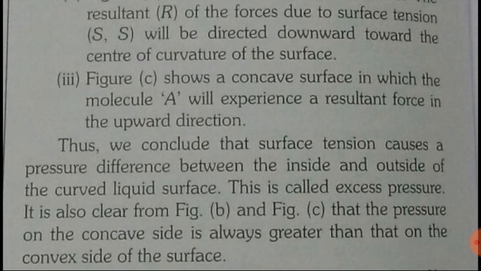This pressure difference is called excess pressure, and it is clear from figures B and C that the pressure on the concave side is always greater than that on the convex side of the surface.